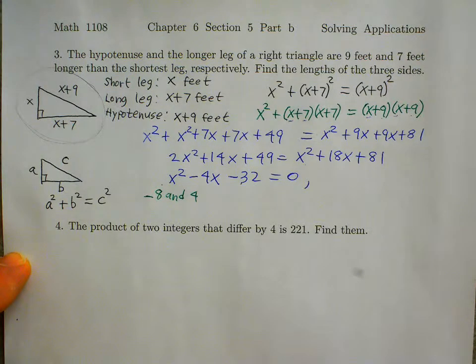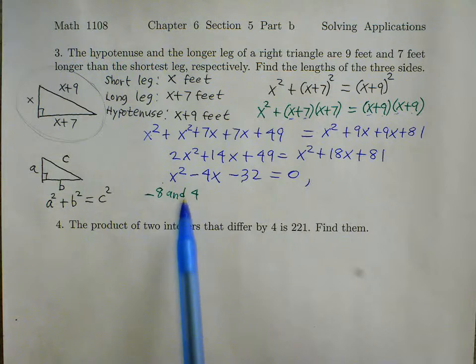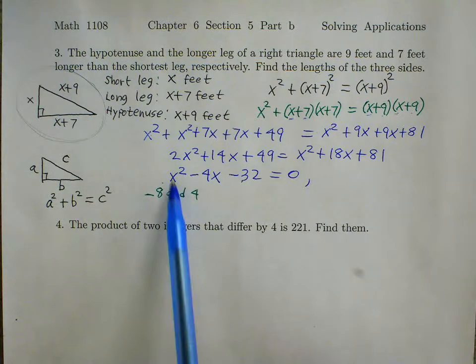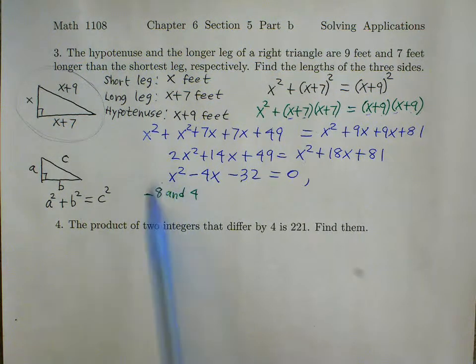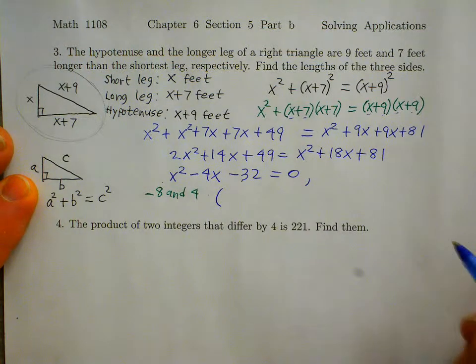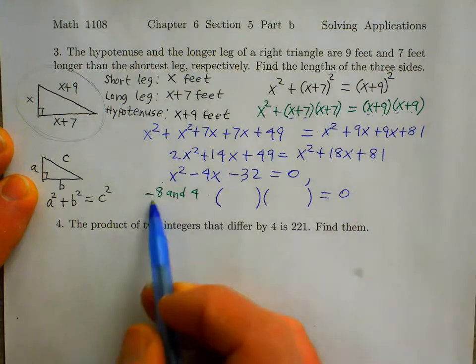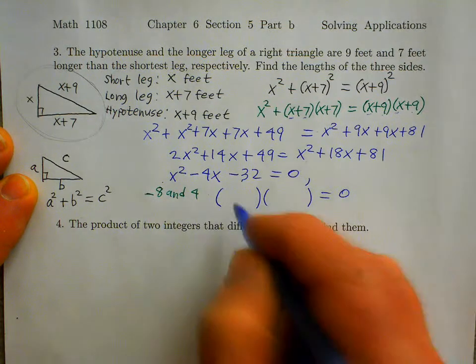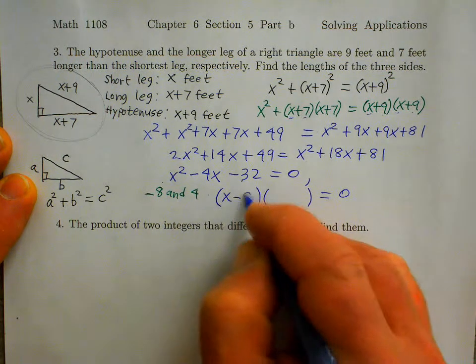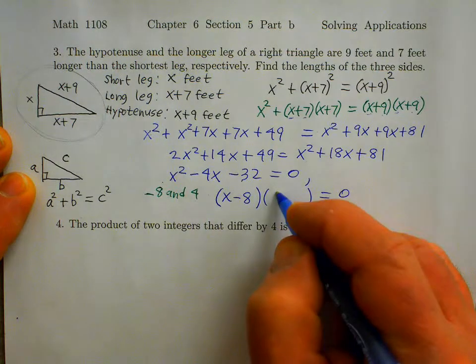So the abbreviated AC method, which can only be applied when the coefficient of the x squared term is 1, we can write down the two factors. Okay, one of those numbers is negative 8, so one of my factors is x minus 8. The other factor is positive 4, so my other factor is x plus 4.